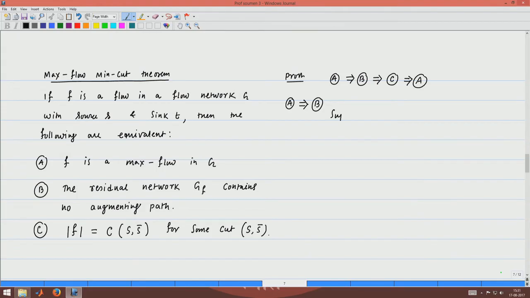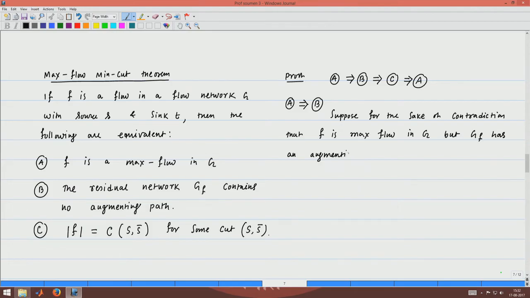Suppose, for the sake of contradiction, that F is a max flow in G, but G_F has an augmenting path, P.